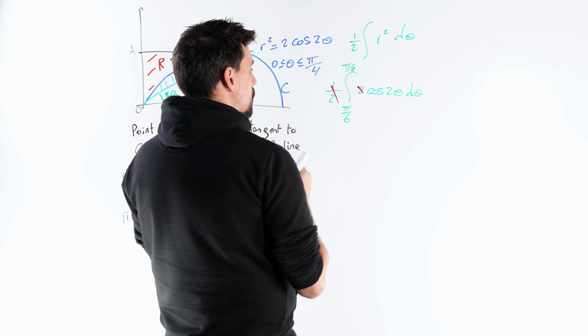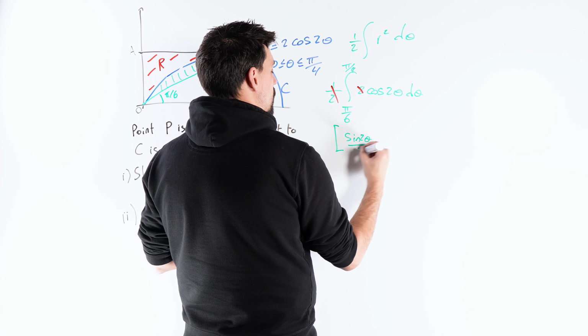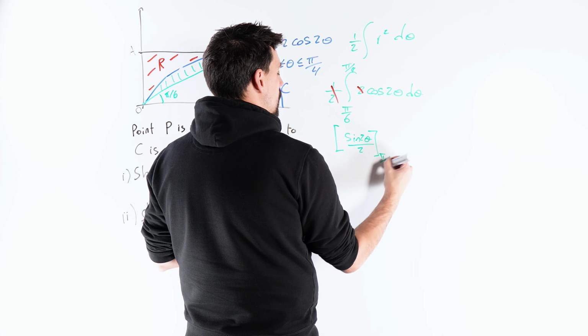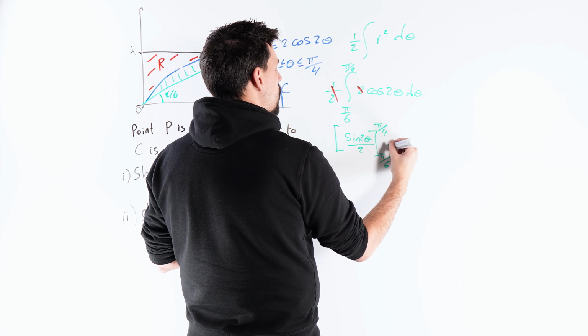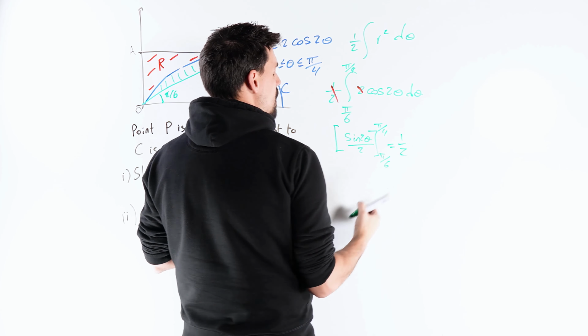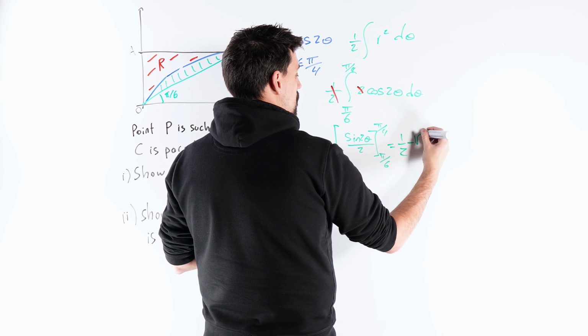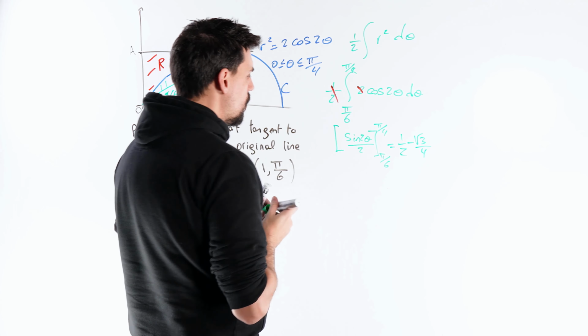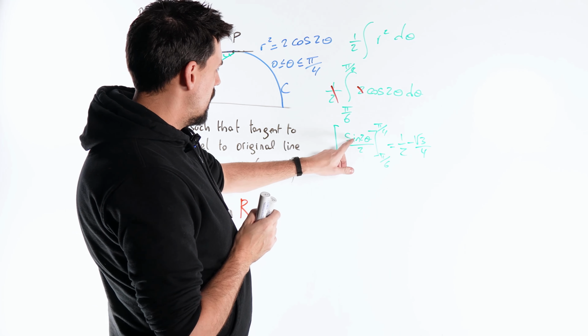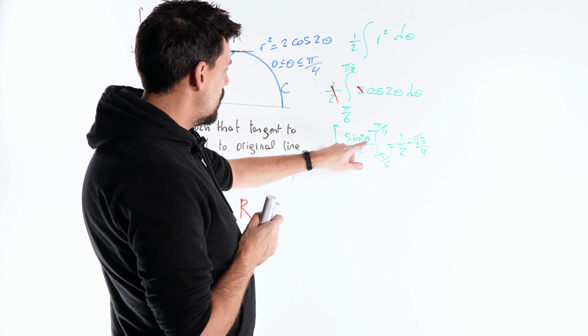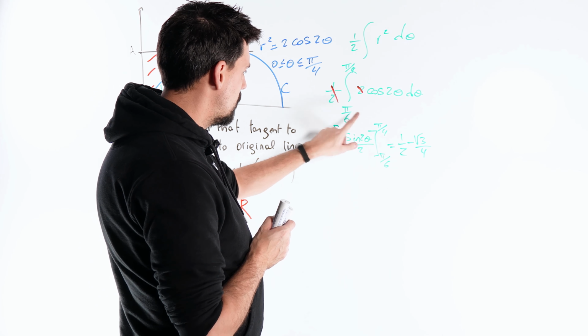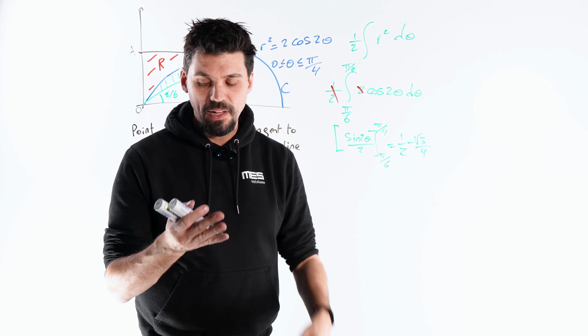So we are left with sine 2 theta over 2 between pi over 6 and pi over 4, which will give me 1/2 minus root 3 over 4. Sine of 2 theta over 2 at pi over 6 is sine of pi over 3 over 2, which is root 3 over 4. So that is my green gubbins.